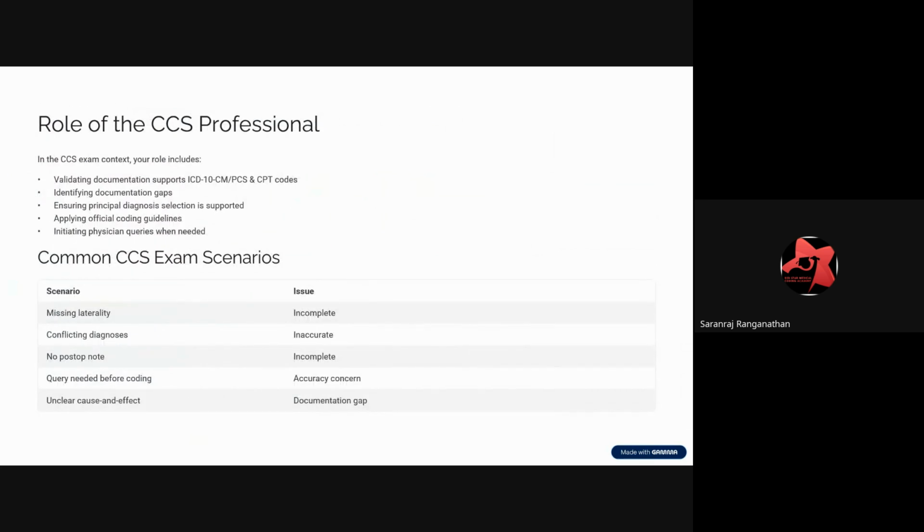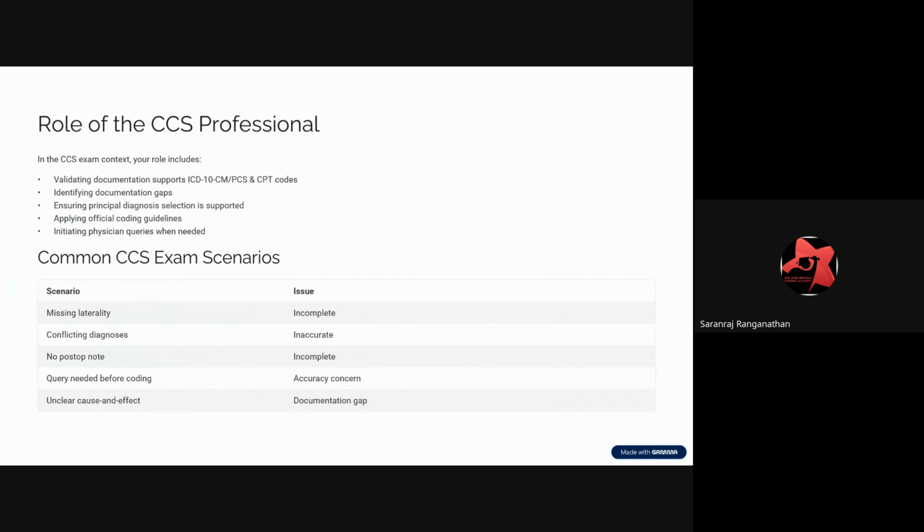Then the role of the CCS professional. In the CCS exam context, your role includes validating the documentation that supports ICD-10-CM and PCS and CPT codes, identifying documentation gaps, ensuring the principal diagnosis selection is supported, applying official coding guidelines, and initiating a physician query when needed.